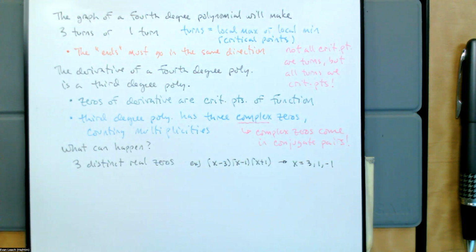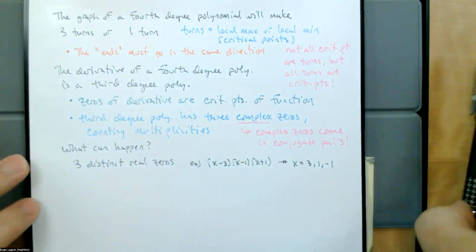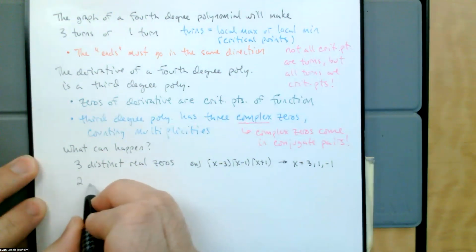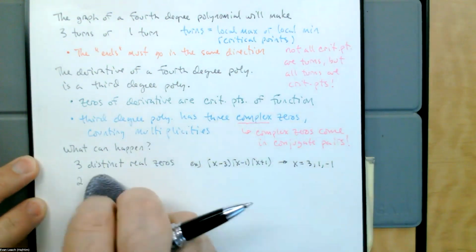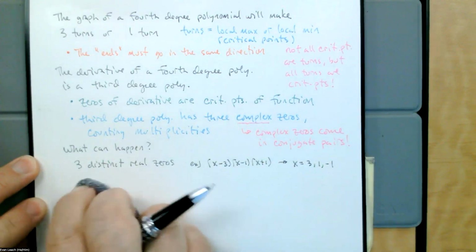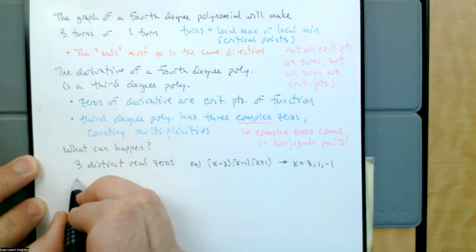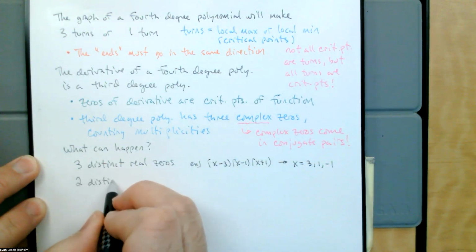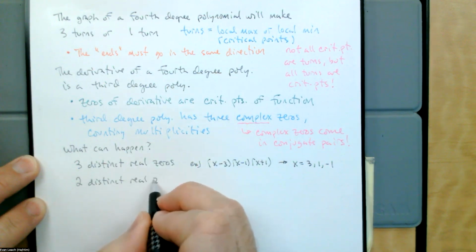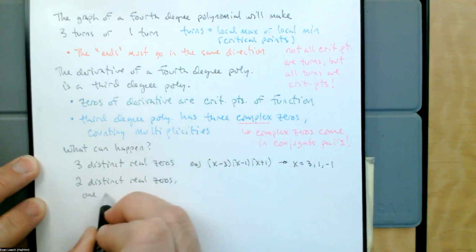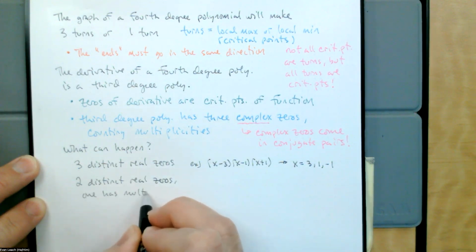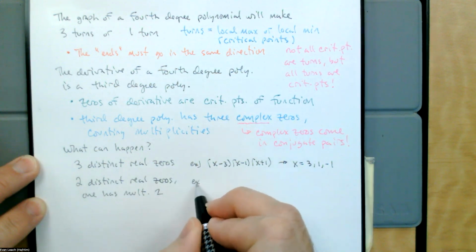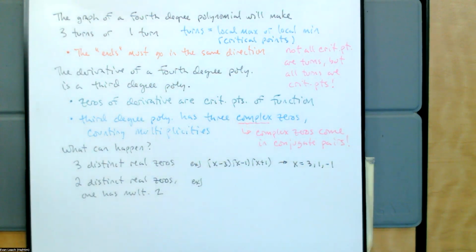It could be that we have 2 distinct real zeros, one of which has multiplicity 2. That means it would come from a squared factor.